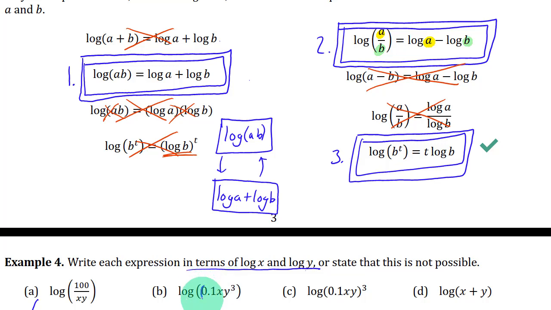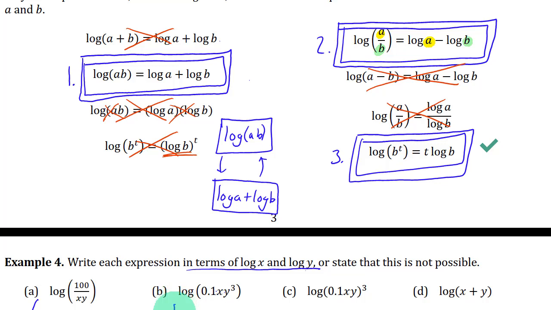If there were extra parentheses in here, and it was log of this whole thing to the power 3, then in that case, this would work just fine. But that's not what this is. It's just the y to the power 3, and then these other things are being multiplied. So when you have things being multiplied inside a logarithm, then the one you have to use is log law 1.